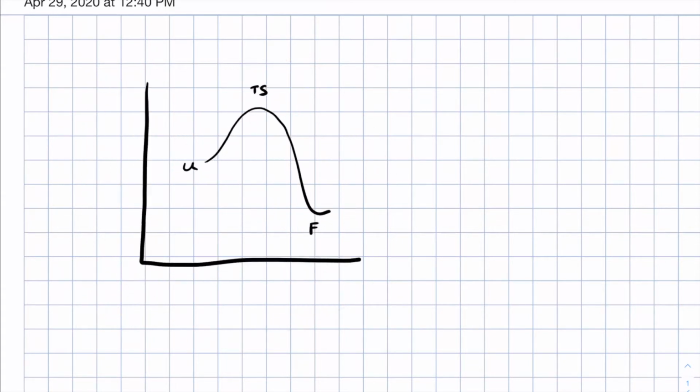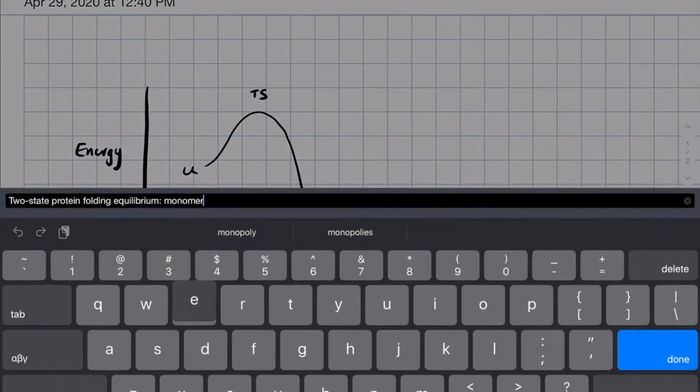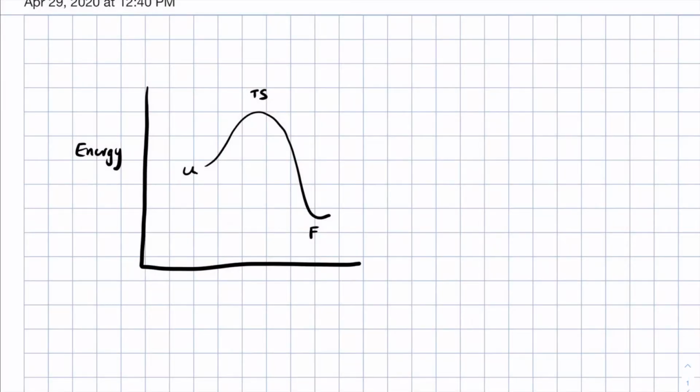And in the simplest case, what we would be talking about is an unfolded monomer adopting a more stable folded conformation.